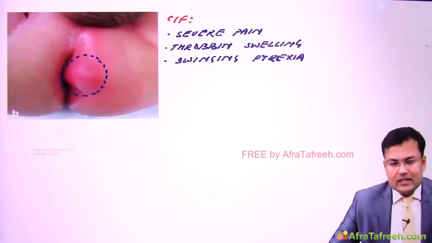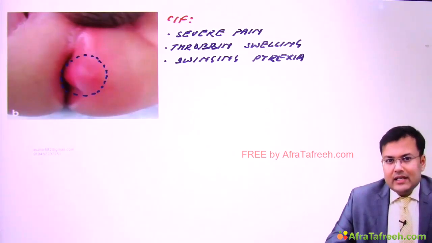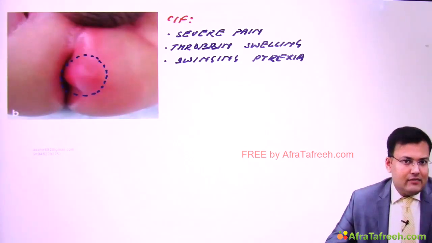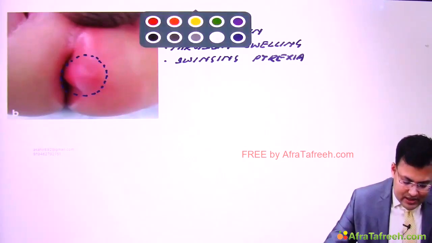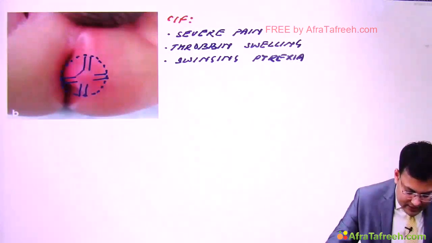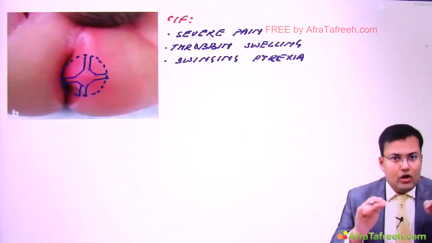We discussed that if pus collection is there in the body, it should be drained. So what is the treatment? It is incision and drainage with antibiotics. But a special type of incision is given. What is that special type of incision? You can see we give this kind of incision, and after giving it, we have to cut the skin edges so that there is wide and free drainage, so that it should not close.